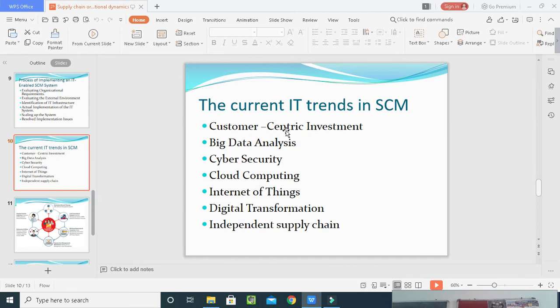That means the company is going to collect big data so that they can analyze it properly. Now, cyber security, you people are very expert in this. According to the study conducted by Deloitte and the Manufacturers Alliance for Productivity and Innovation, about 40% of manufacturing companies were affected by cyber threats in the last 12 months.